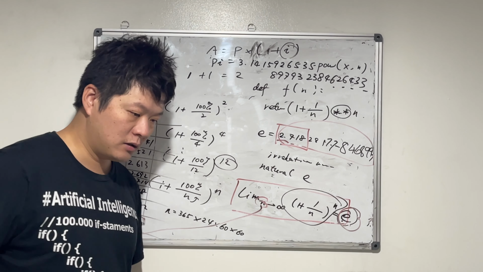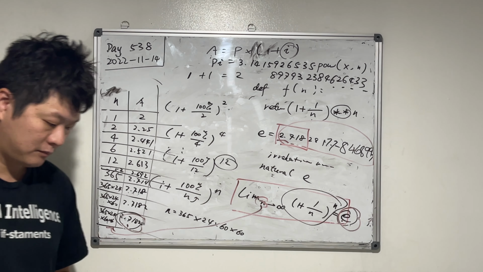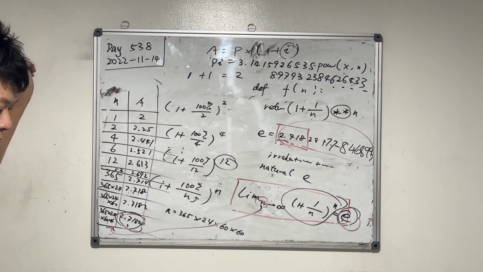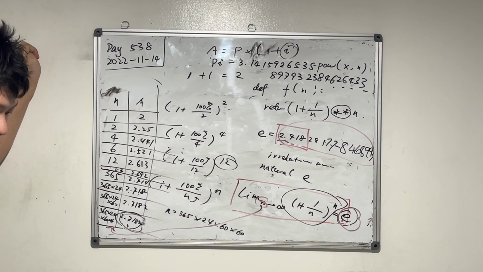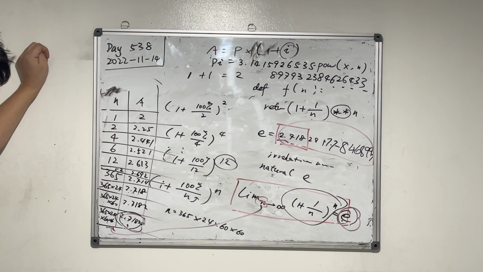So we learned about the bank and the interest, figuring it daily, every second, every minute, monthly, every 2 months, every 3 months, every 6 months, and every year.